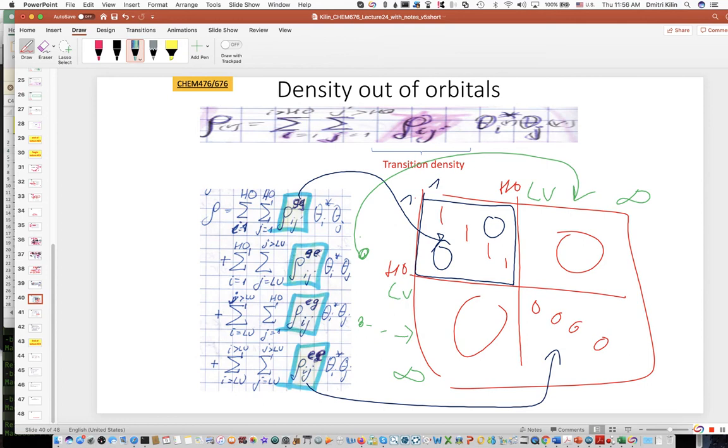The summation over the indices in this double sum can be run in 2 segments, from 1 to HOMO, either for the first index or for the second index, and then it can be run from LUMO to infinity for one index and another one. And summations for the first and second index do not need to coincide.